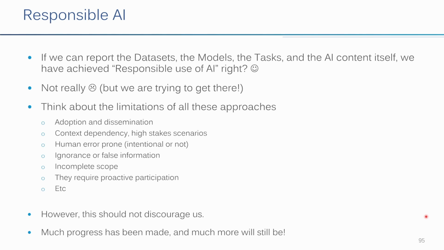Since all of them require the person using these models to be active in the reporting, they are error-prone, intentionally or not. Even if you don't notice, you will most likely make mistakes. Let's say you reported the wrong version of your model or used the wrong distribution of your data. These things happen.